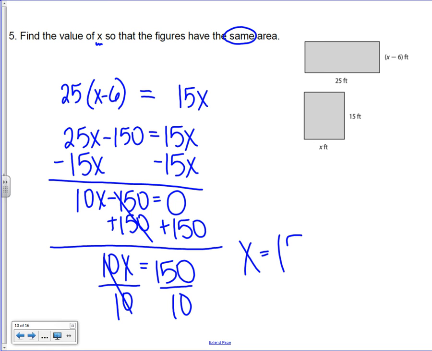X is 15. Now I could ask you for your dimensions here. Okay, so if we look at this first rectangle, this would be 25 by, if you put a 15 where that X is, 15 minus 6 is 9. And the other rectangle would be 15 by 15, so really that'd be a square.